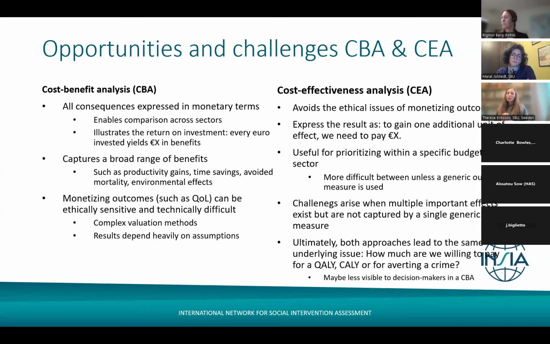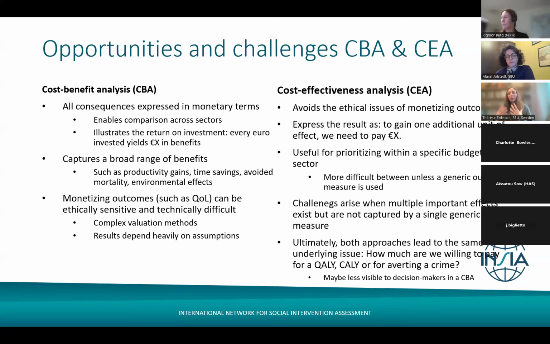It's also difficult to conduct a cost effectiveness analysis when there are multiple important effects that are not captured by a single generic measure. And ultimately, both approaches lead to the same underlying issue. How much are we willing to pay for a quality adjusted life year, capability adjusted life year, or for averting a crime, for example?